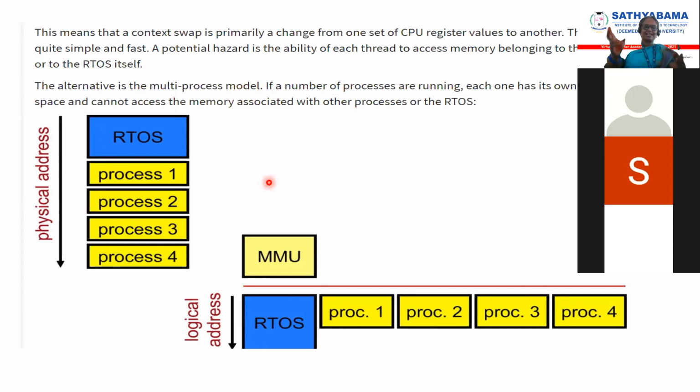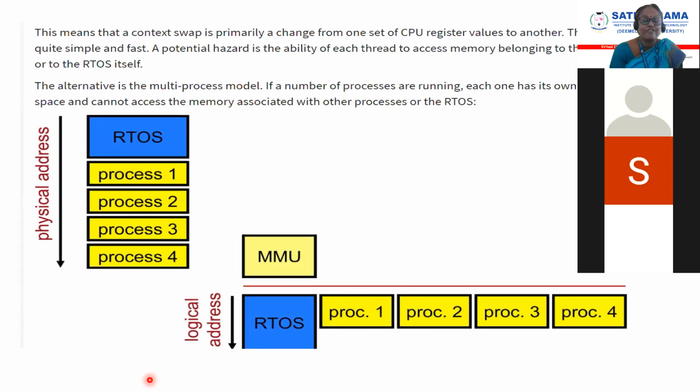Can you understand the difference between thread and process? Both models exist, and you have to understand them. While running, I get my logical address, and from it I calculate the physical address.